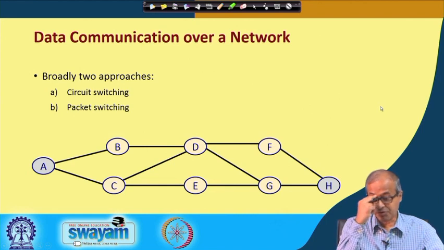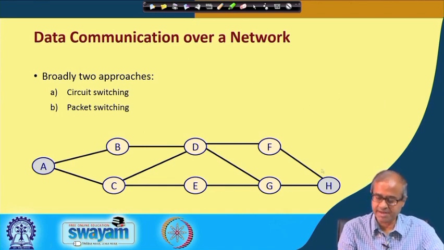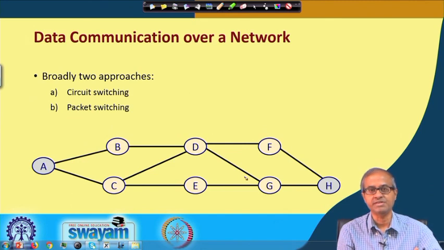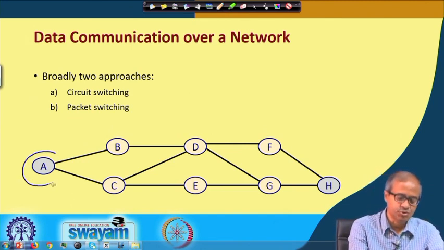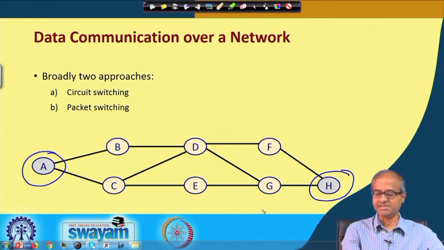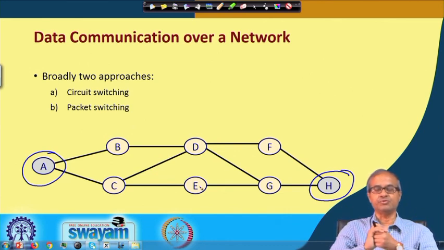Now, talking about data communication over a network, let us look at a rough picture like this. Let us say these A, B, C, D are the different nodes in a computer network, and let us suppose this node A wants to send some message or some data to this node H, and this B, C, D, etc. are so called intermediate nodes.